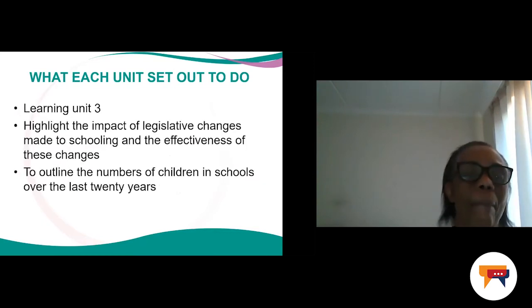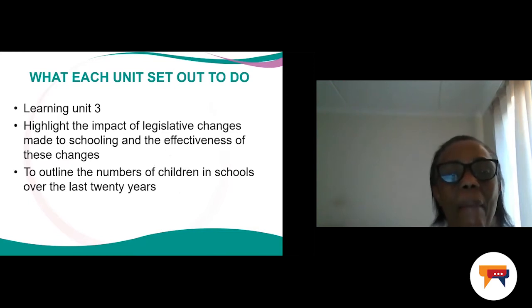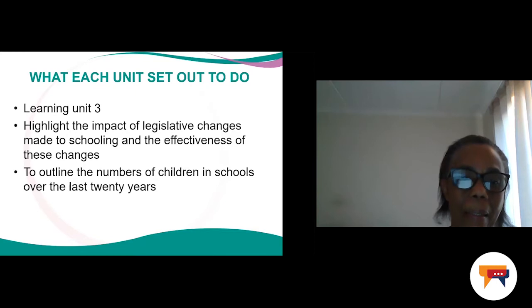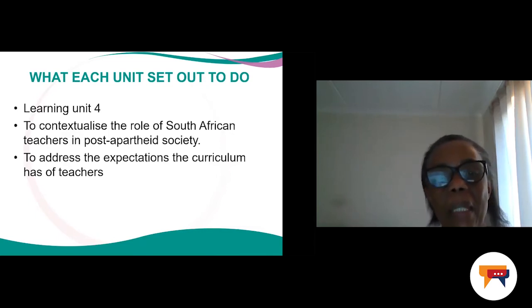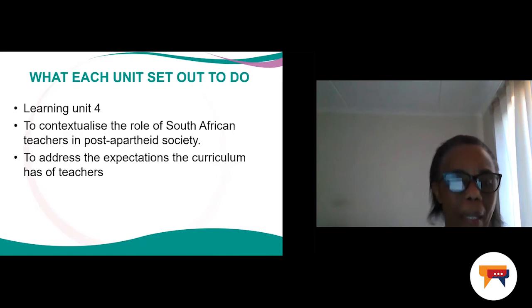Unit 3 sets out to highlight the impact of legislative changes made to schooling and numbers of children in schools over the last 20 years. Learning Unit 4 sets out to contextualize the role of South African teachers in post-apartheid society, and to address the expectations the curriculum has of teachers.